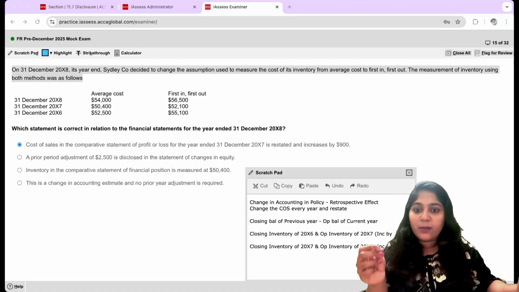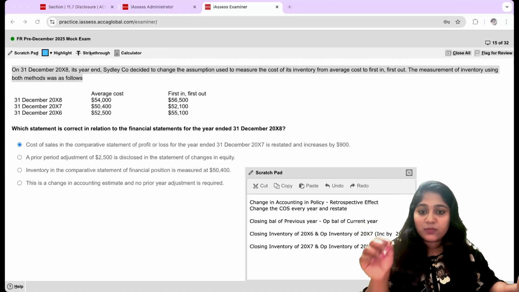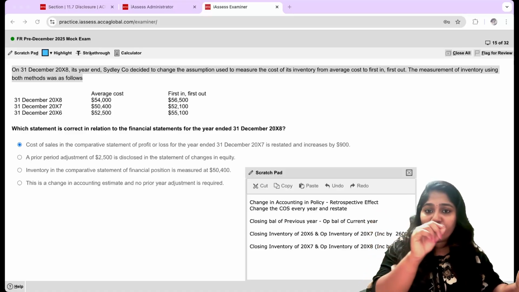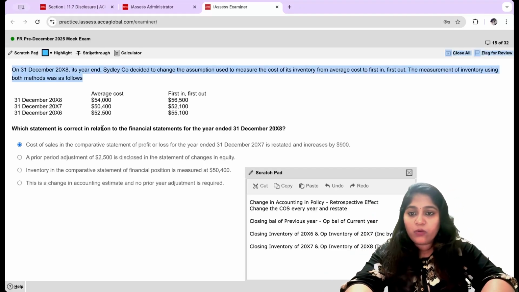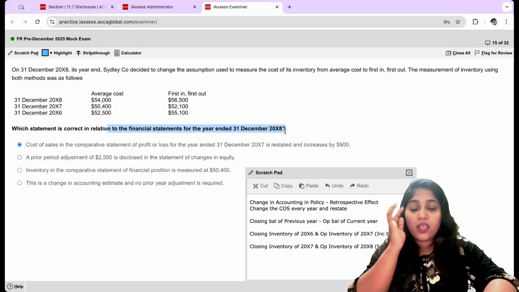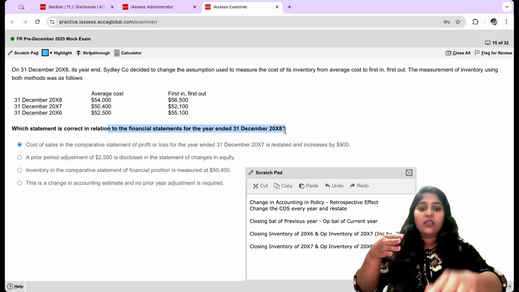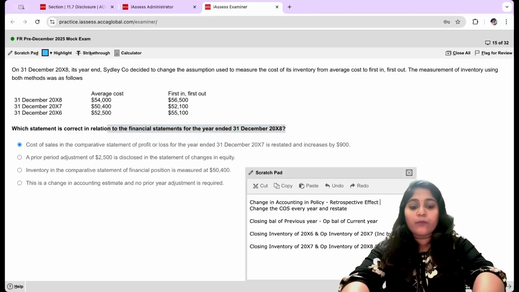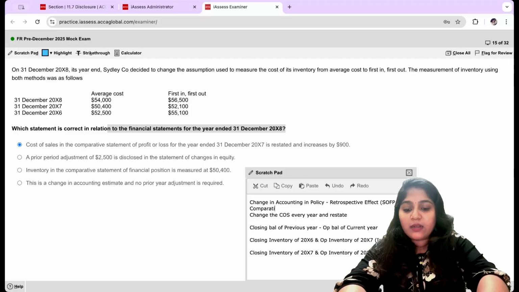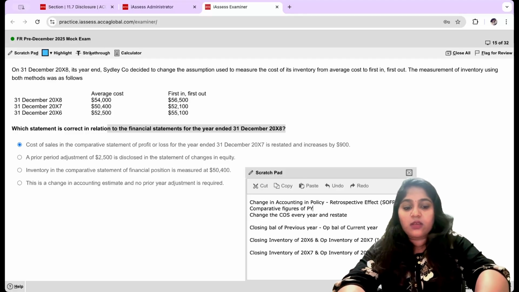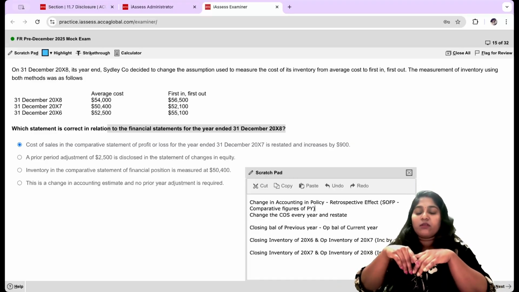Similarly, inventory in the comparative statement of financial position is measured at 5,400. Guys, it will be measured at $56,500, because we are asked about the year ending 31st December X8. Whenever there's a change in accounting policy, if there is retrospective effect in the statement of financial position, we have to give comparative figures of the previous year in the current accounting information.